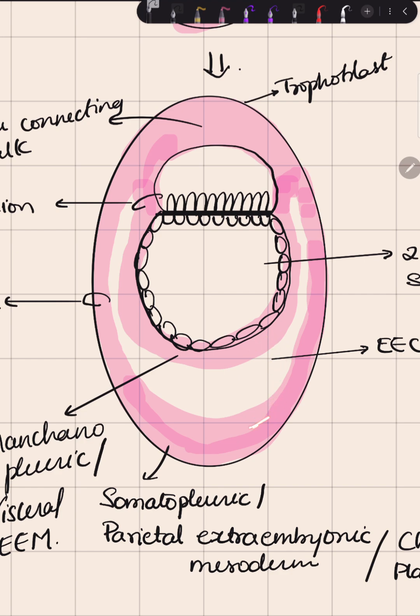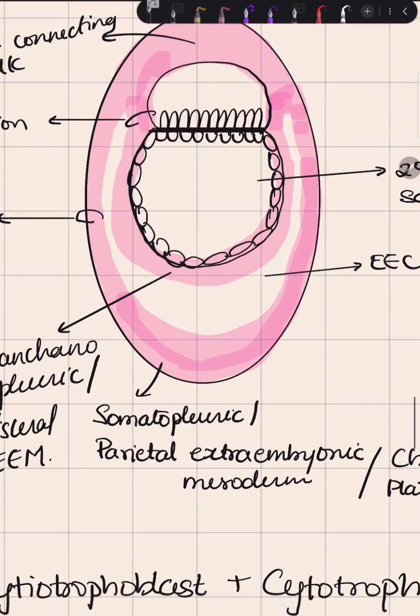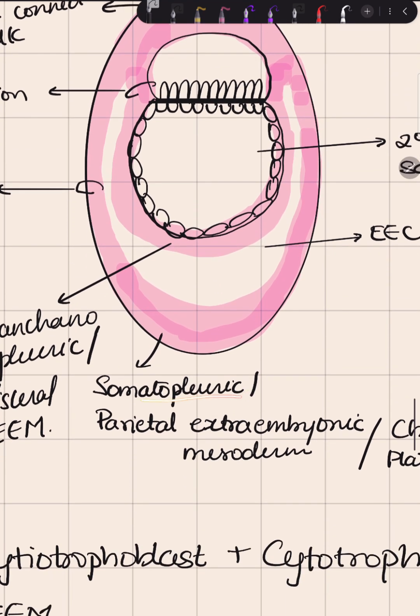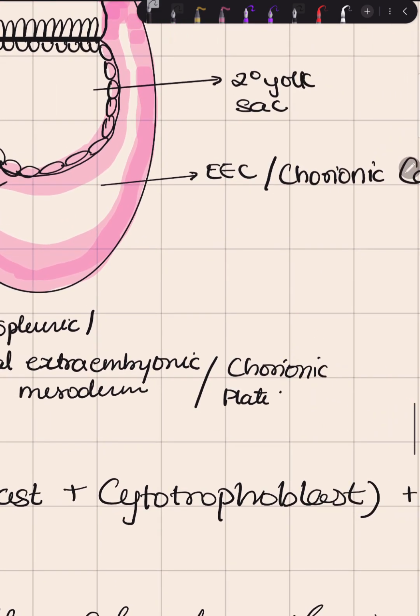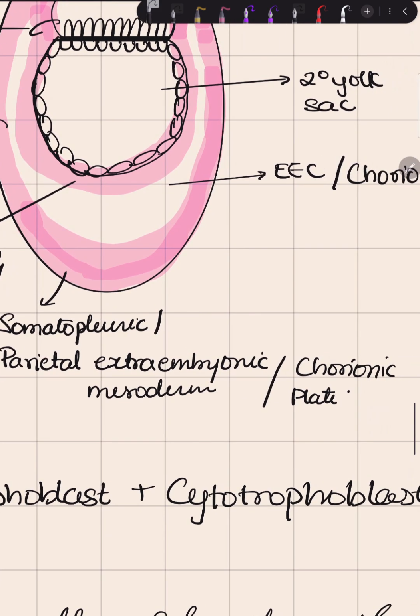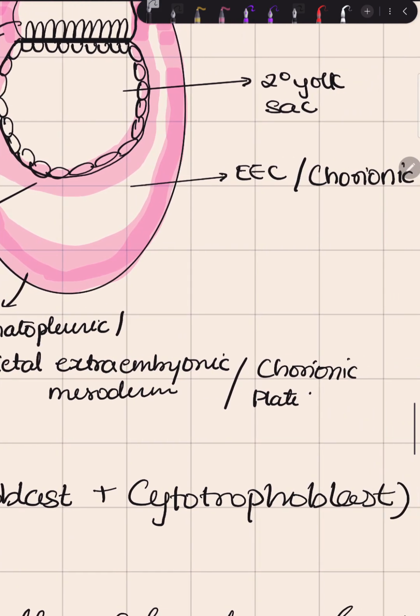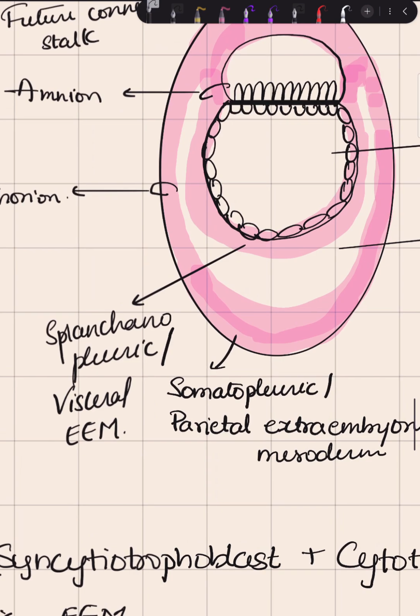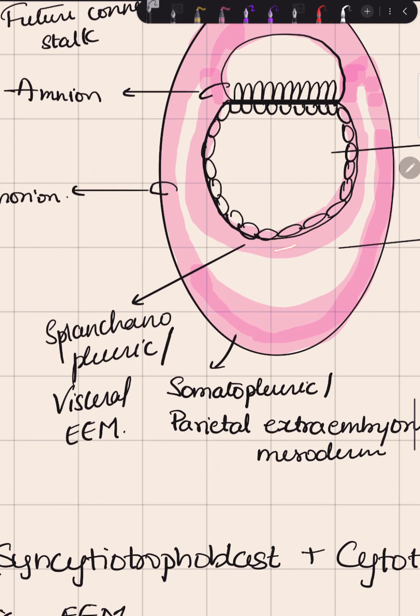The outer or parietal layer is called the somatopleuric extraembryonic mesoderm, or the parietal extraembryonic mesoderm. It is also known as the chorionic plate because it will form the chorion. The more inner, visceral one is called the splanchnopleuric extraembryonic mesoderm, or the visceral extraembryonic mesoderm.